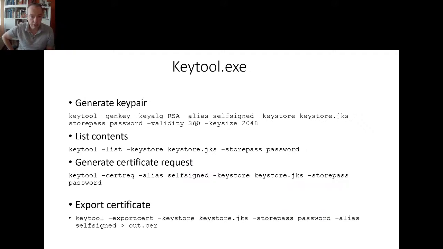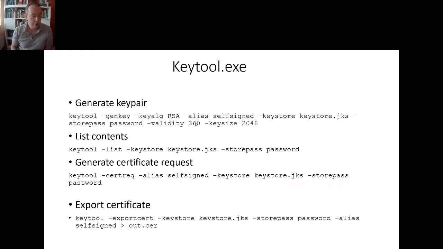The alias is self-signed, but it could be anything, it's just a key name. The key store is JKS. The store password is passwords. The validity of this key is 360 days because it already creates a certificate fingerprint, and key size is 2048. So basically what this does is what I showed you in the demo.